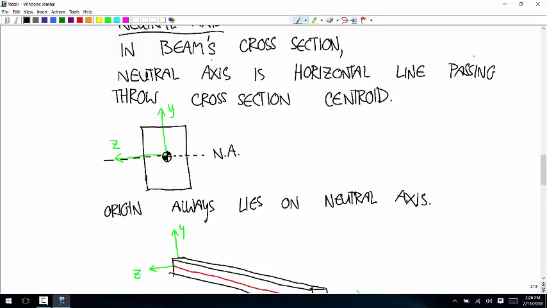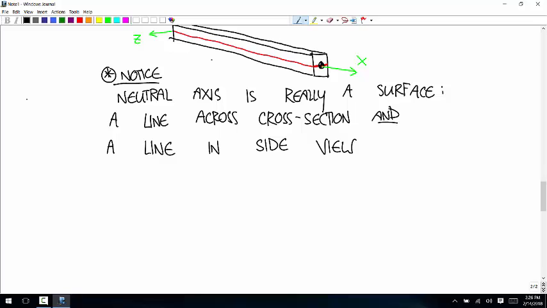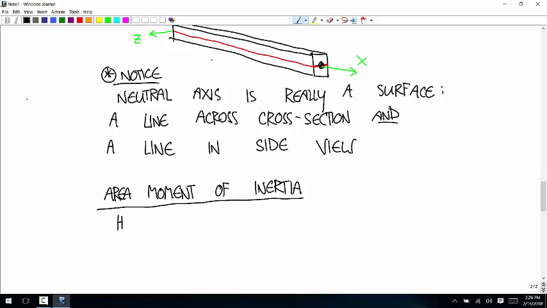And now that we've defined that, we have to define the area moment of inertia. And this measures how well the cross-sectional geometry resists bending.